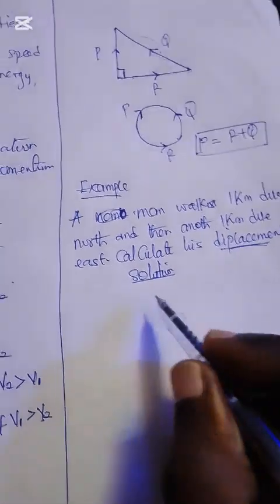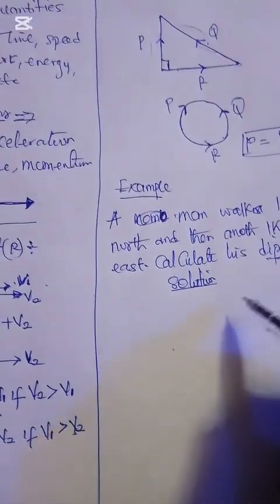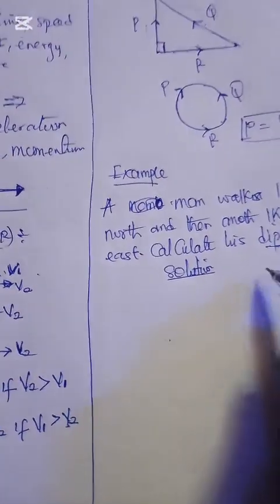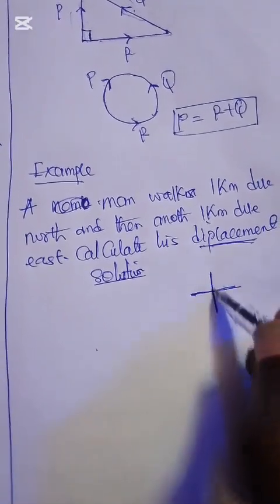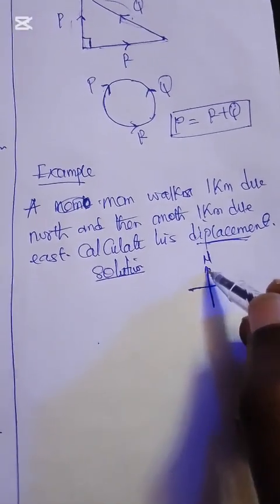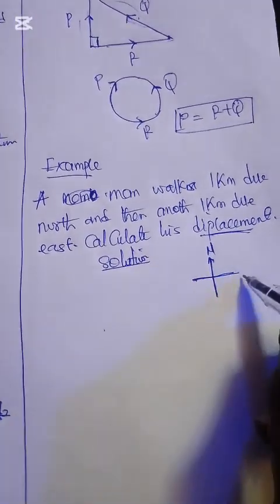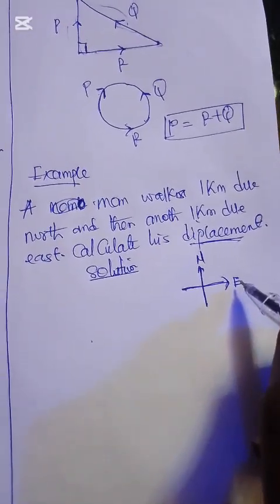First of all, the man walks 1 kilometer due north, so you can use your cardinal points. Let me quickly draw the cardinal points before I go into that. We have 8 cardinal points. Here is north; if you are moving upward, you are moving due north. Here is east; if you're moving towards your right, you are moving due east.